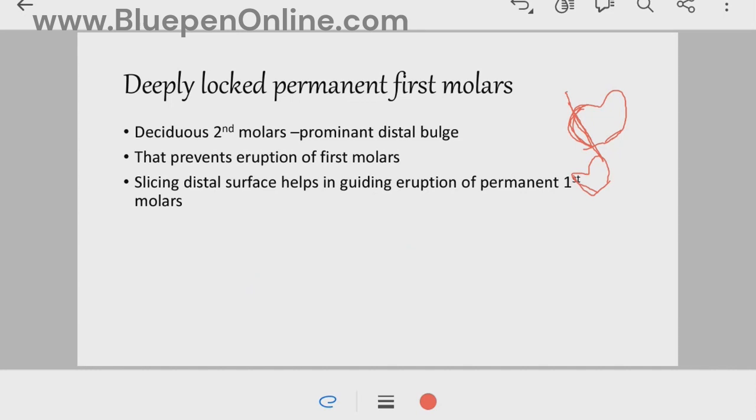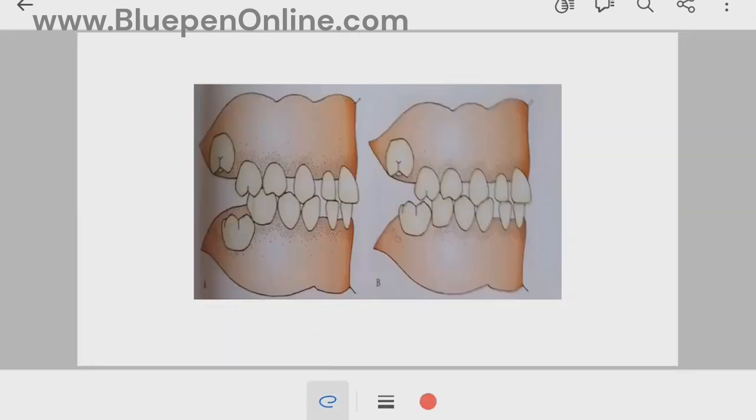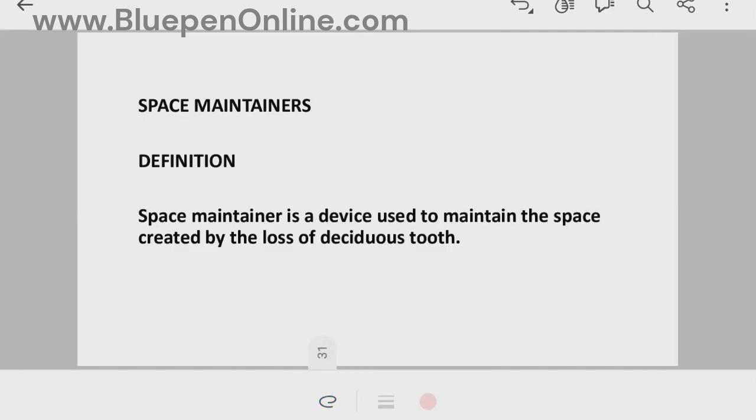So if it is like that, you will slice this part, and then it will be fine to erupt. See, the bulge, you will remove the bulge. Eruption. Now coming to the space maintainers.